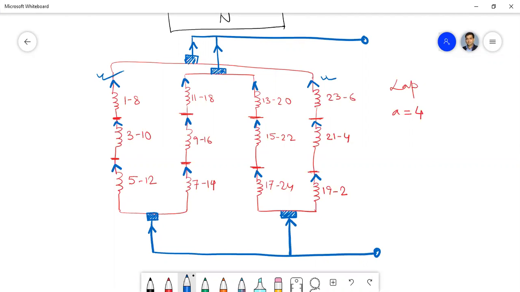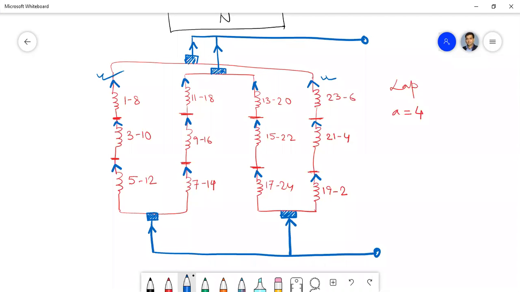Each parallel path consists of 3 coils and having 6 coil sides. Like the first parallel path has 3 coils and 6 coil sides. What are the coil sides? Coil sides are 1, 8, 3, 10 and 5, 12. The second parallel path will have 6 coil sides, 11, 18, 9, 16, 7, 14.